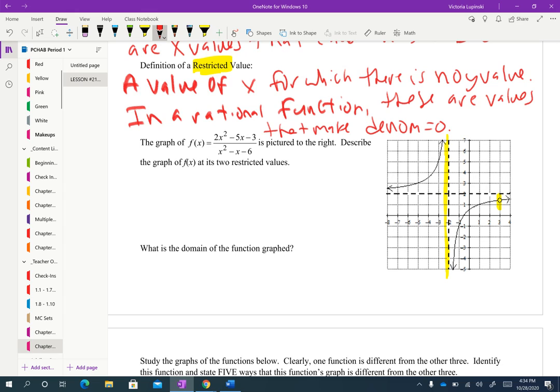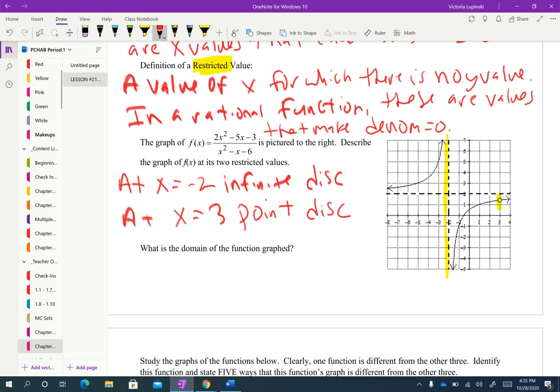So there was a reason we were setting ourselves up for this. At x equals -2, remember that is what we would call an infinite discontinuity, and at x equals 3, that is what we would call a point discontinuity.